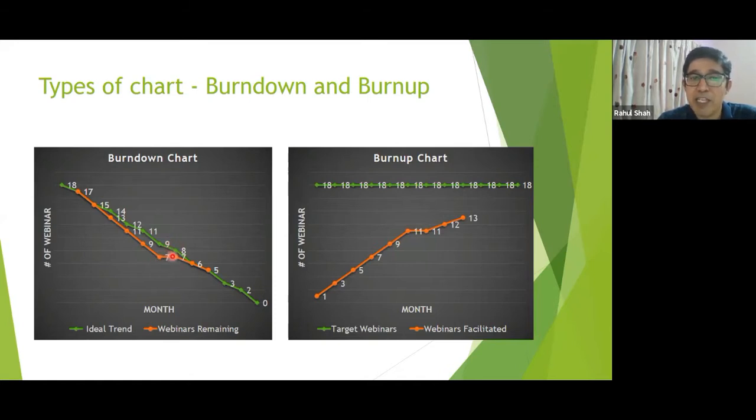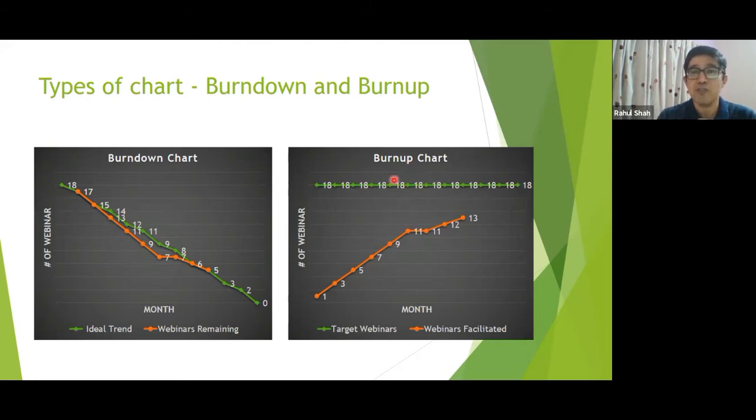It will say the remaining story points are still the same, no change. But if there are changes in the scope, the burn up chart will highlight it very clearly, because we have this line available, and this will show what progress is being made. That is the most important difference between these two.